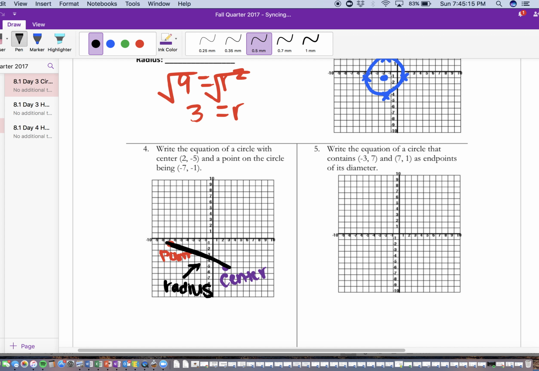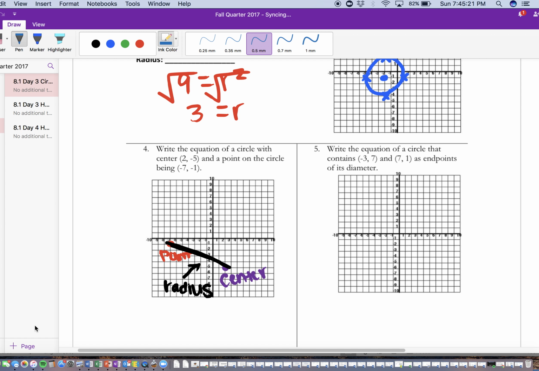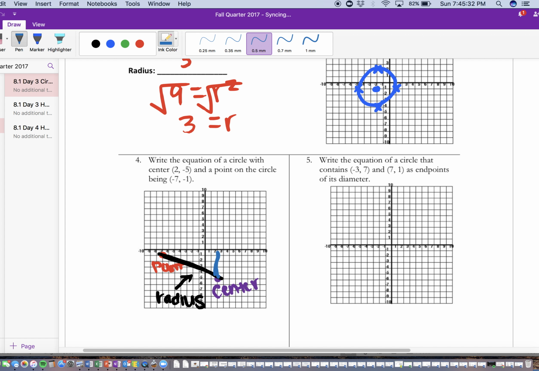How do I find the length of this radius? Well, let's take a look at what happens if we draw the triangle that is formed between these 2 points. To get from the center to this point, I had to go up this many units and to the left this many units.